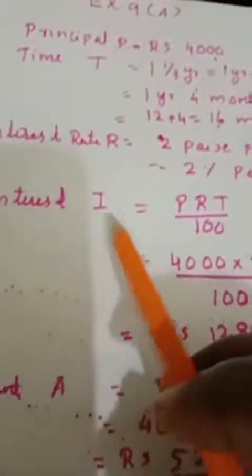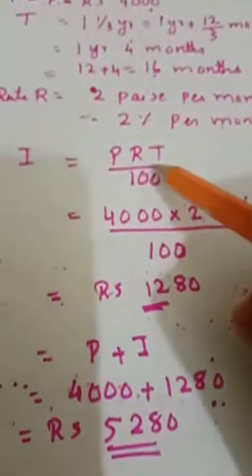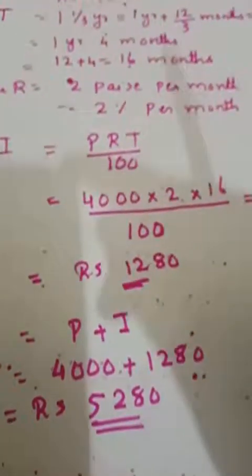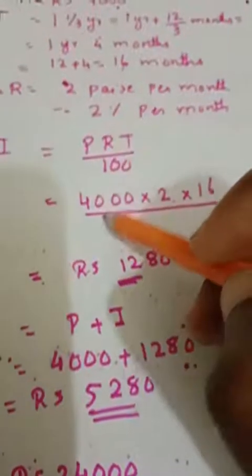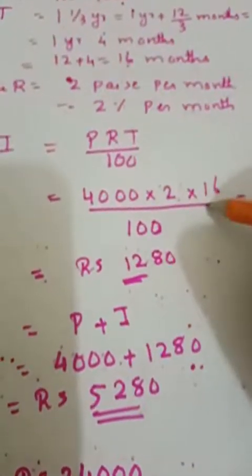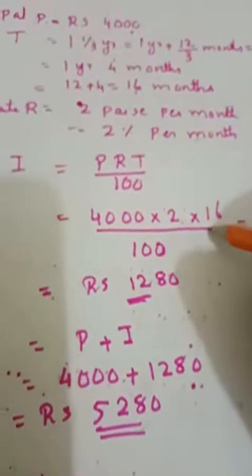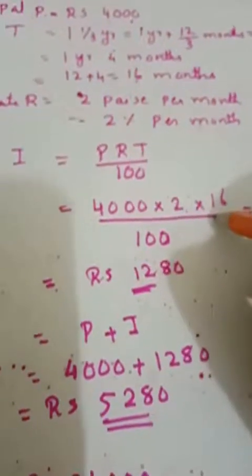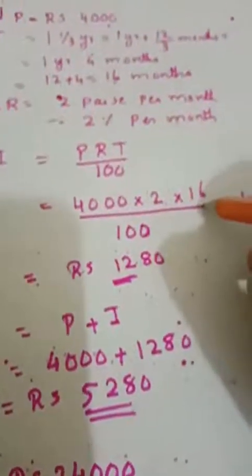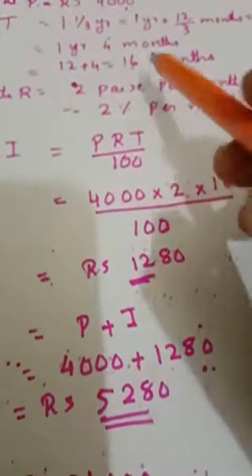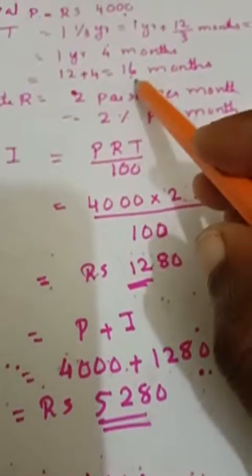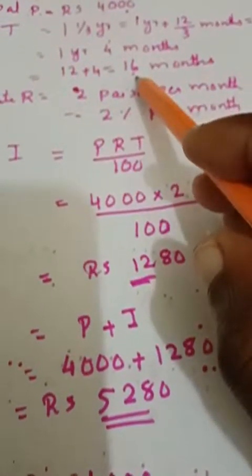Now we know the formula for interest is equal to P into R into T by 100. Now direct substitution, 4,000 into 2 into time period 16 months. Here remember that 16 is months, not years. Calculate this in months because the interest is per month.